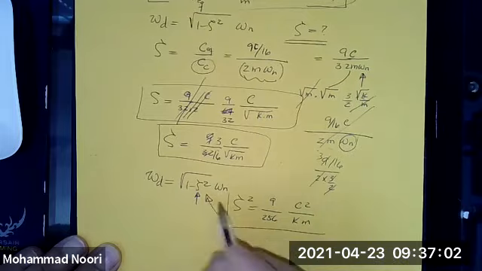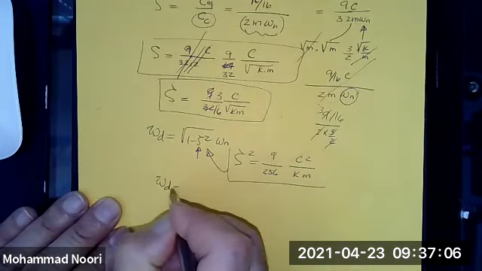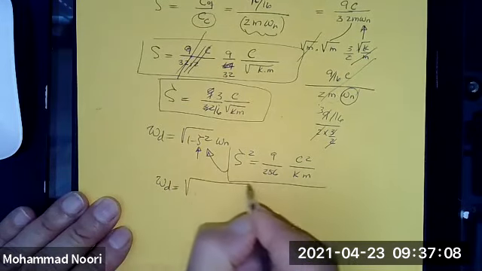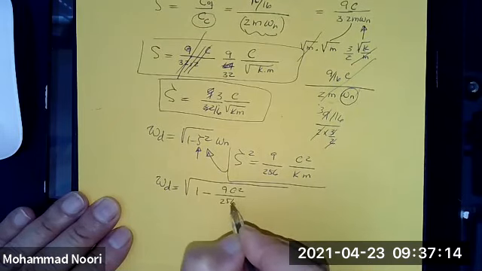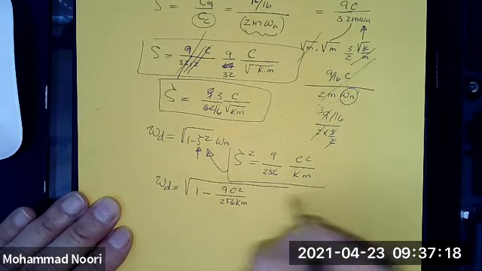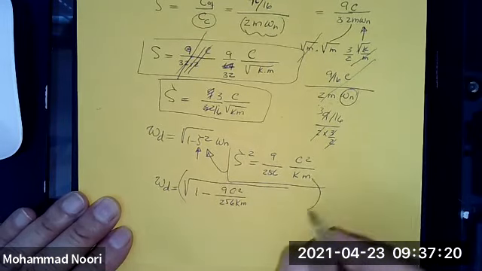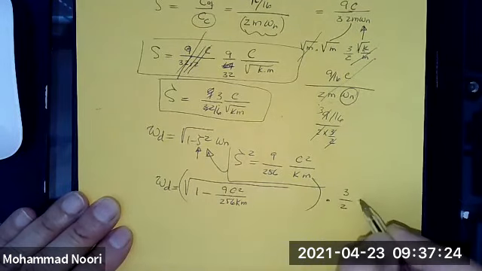So I substitute that in here. I get omega d would be square root of 1 minus 9 c squared over 256 km, times omega n, which is square root of 3/2 k over m.